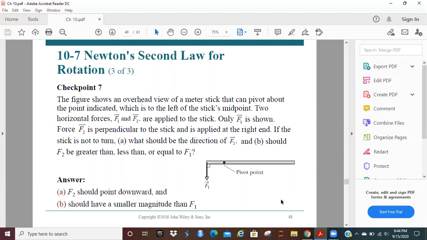So torque becomes a factor of not only R, but also of F. Since this length of R for this particular force is much less than the R that's stretched over here, in order to produce the same torque, you're going to need less force out here.